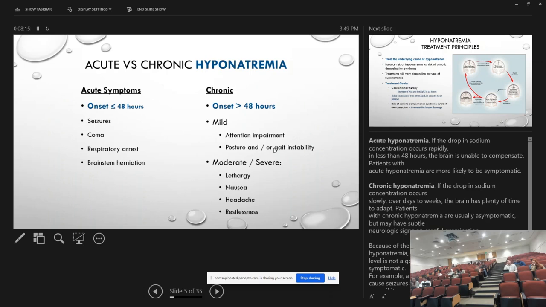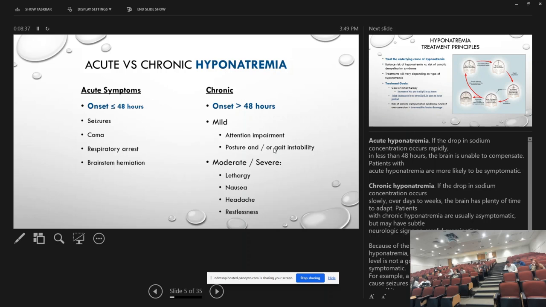So you may have some slight mental status changes, inattentiveness, things like that. They can be agitated, irritable. You may have some ambulatory issues, problems walking, stability issues, posture issues. Those can be seen.